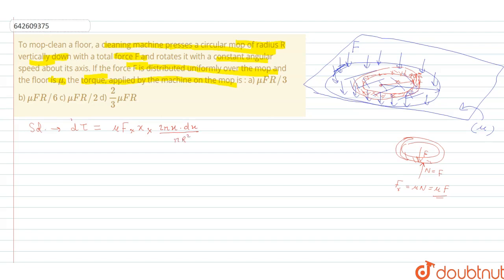Now on integrating this expression from 0 to capital R radius, we get the total torque required by the machine, which, taking the constant values outside, is 2 mu F upon R square.